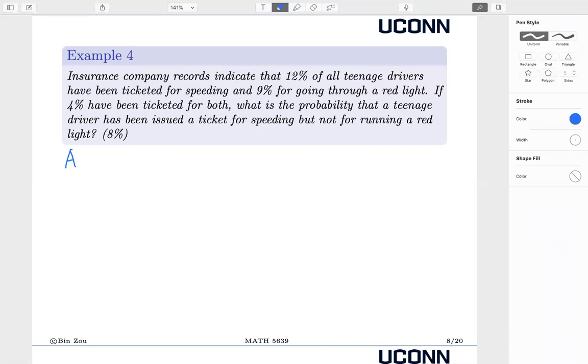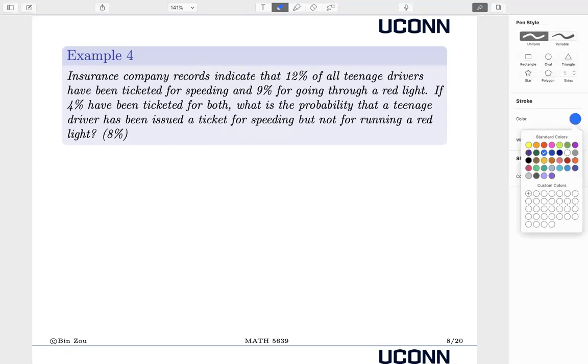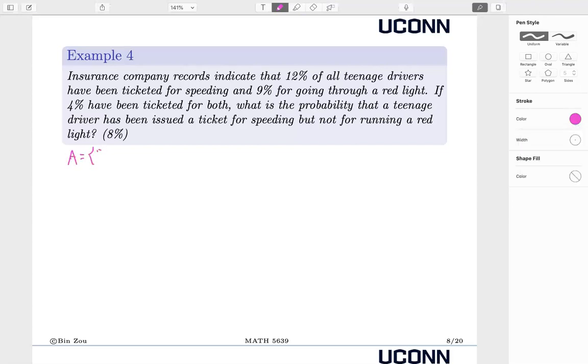Let me use the color I prefer more. So here we have 2 features. A is about speeding. So we call A the speeding set. The second feature is about running through a red light. So I have 2.